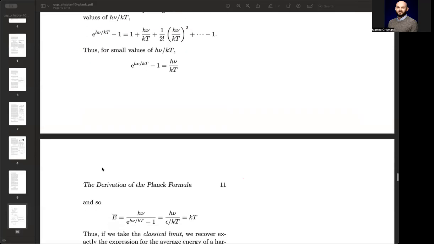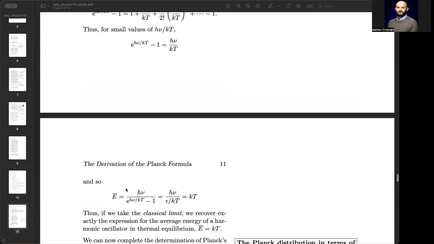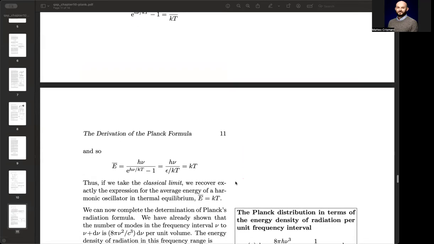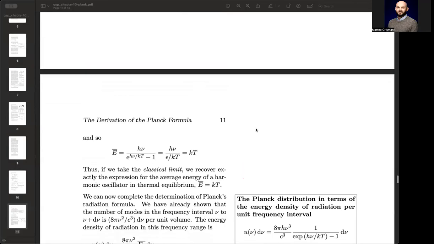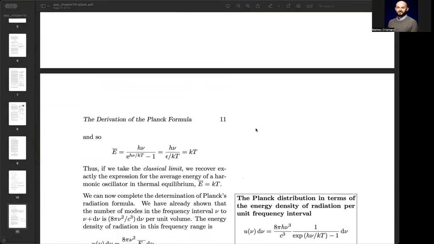It looks like kT, right? So here's what you're getting: the average energy at low frequencies behaves like it did in classical theory. But now we don't have the problem of nu going to infinity and having infinite energy, right? And that's the idea of the expression for the average value of an oscillator in thermal equilibrium.